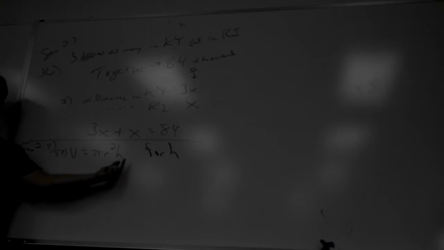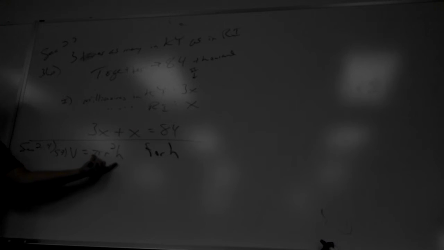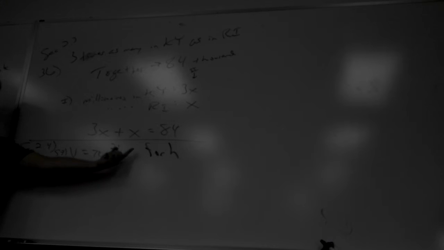Pi r squared h. Is it plus any other terms? Minus any other terms? There's 1 term. If I put A, B, C, D, E, F, G, H, I, J, K, L, that's 1 term. There's no pluses or minuses. It's not added to any more terms, so there's nothing to subtract or add to the other side. This is almost too easy to believe what you have to do here.